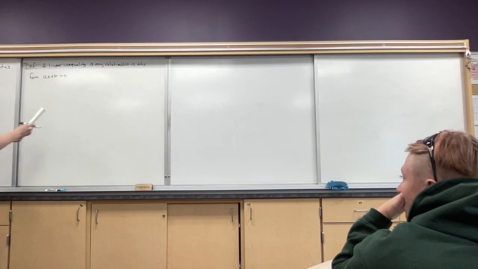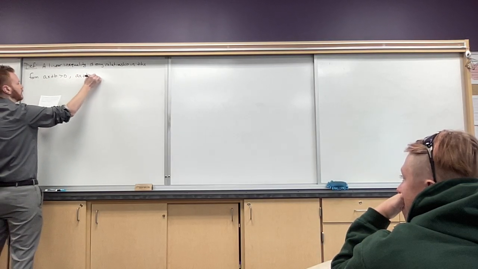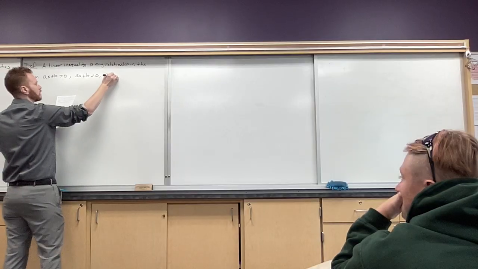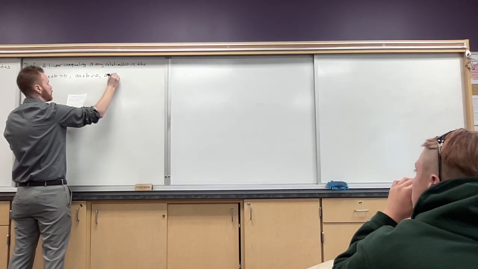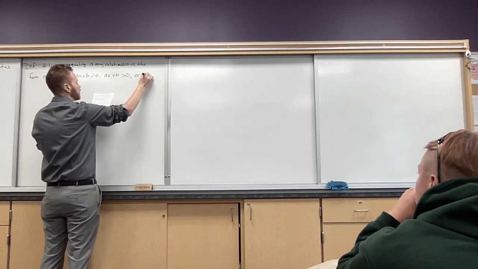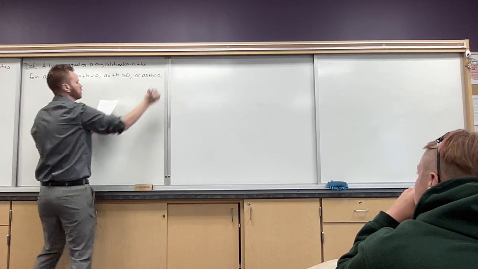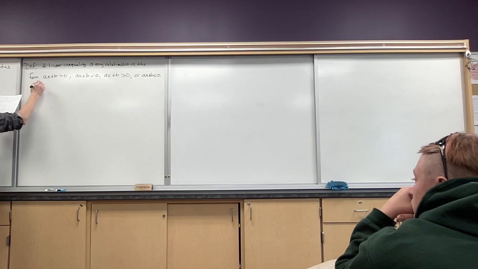The only difference is the inequality sign. So we could have the less than case, the greater than or equal to, or less than or equal to. X is our variable, which honestly could be any variable, and then a and b are constants there.